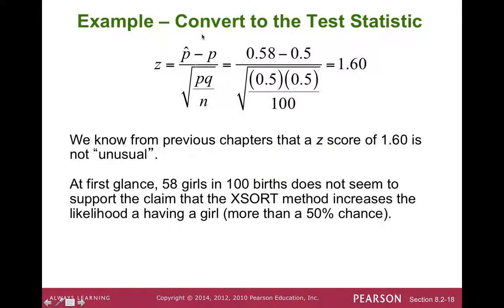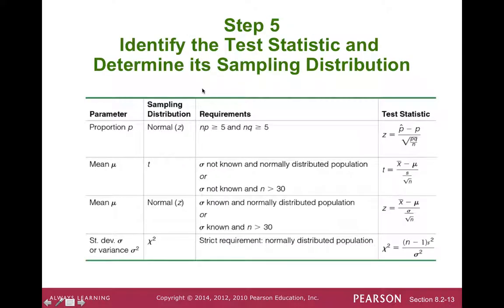So from there, we would use this z-score statistic. So let's take a look at why that is. So let's go back to this. So we have a population proportion, p. We're going to use this test statistic, which is going to give us a z-score, where we have our sample proportion minus our population proportion, divided by the square root of p times q, divided by n.